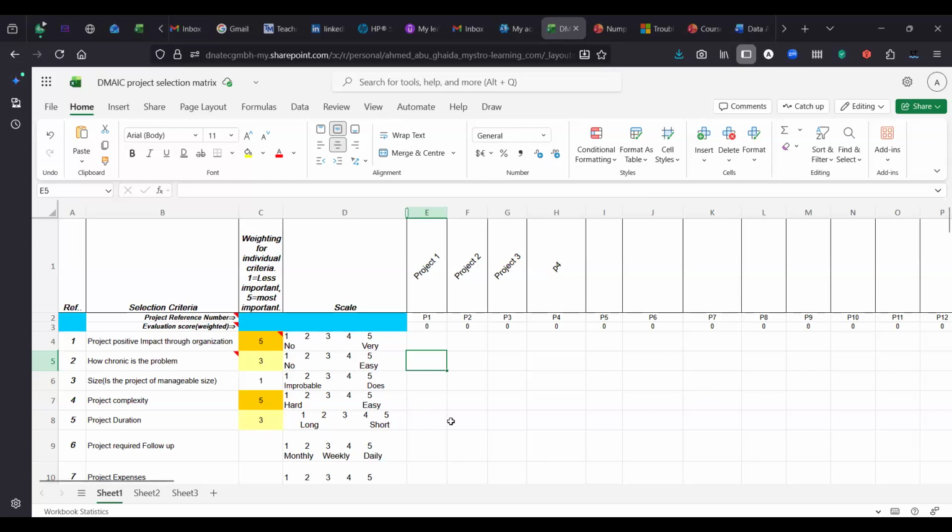So they have simply linked this with their strategy. Are they most interested in the level of chronicity or the size or the complexity? Simply it's up to them. Exactly the same question I asked you. It's only you who can give us the weight.